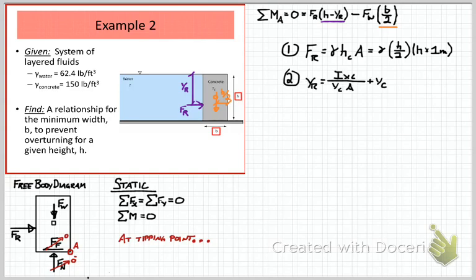The second key unknown for us is where that actually acts, the dimension y r. We did this in example 1 in this lecture as well, using the equation you see with a 2 next to it on the screen. We can look up the properties of a rectangle in the textbook, figure 2.13. For our specific case, the width is the width that the fluid is pushing on, that's 1 meter in and out of the page.